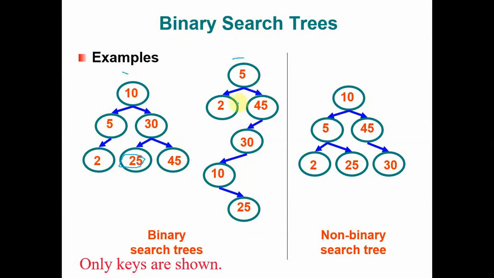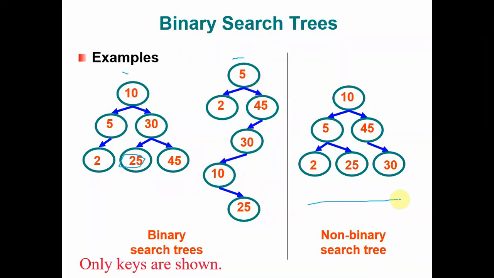For these three, 2 is less than 5, 30 is less than 45, and so on. And those on the right must be greater than that of its parent, just like 25 is greater than 10, 45 is greater than 5, 30 is greater than 10. So all the nodes obey the stated rules.